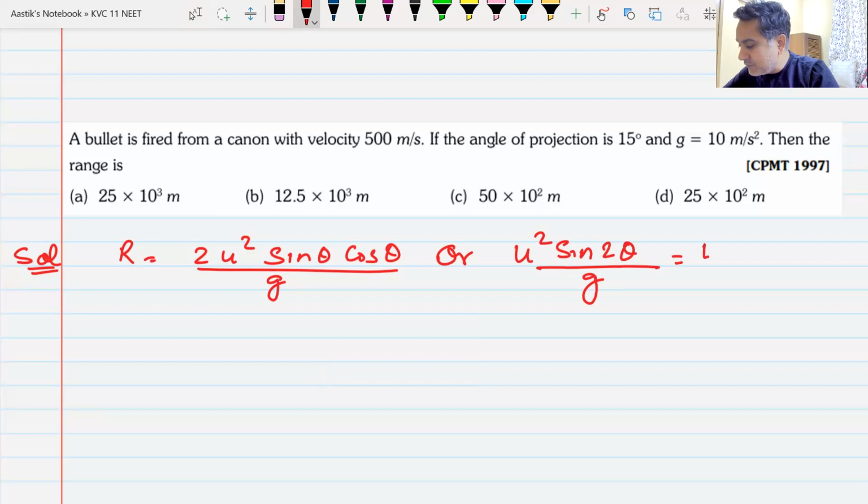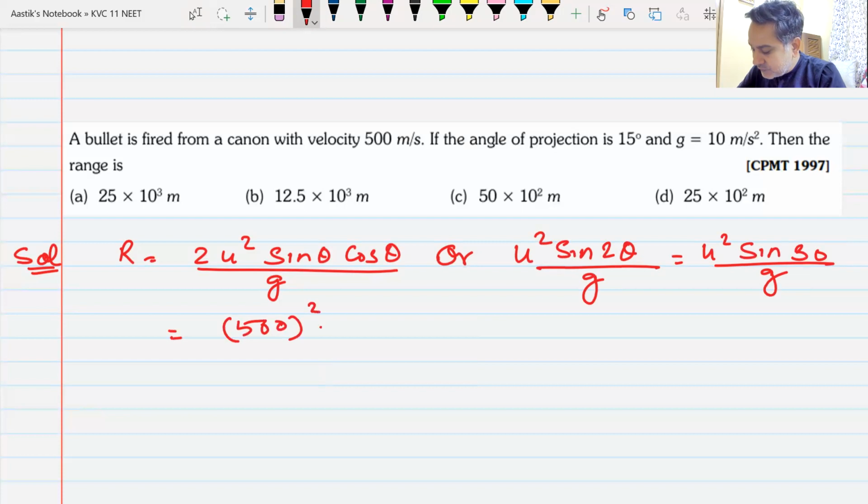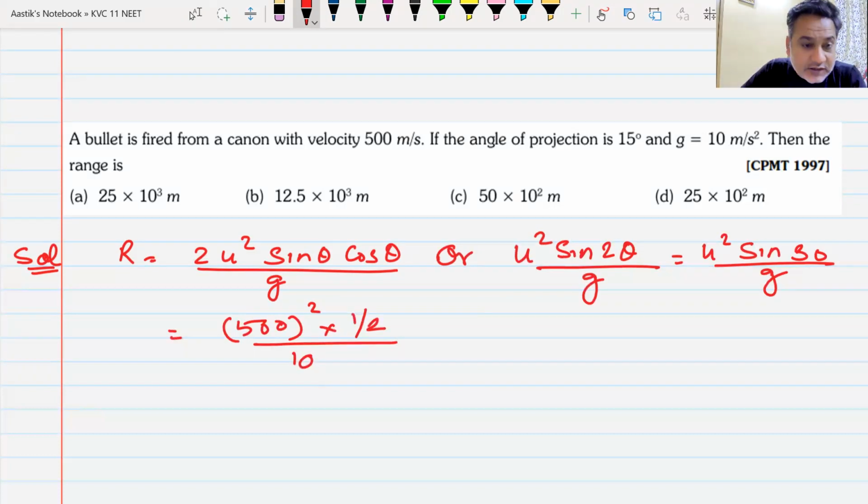So the formula becomes u square sine 30 by g. You can put u as 500, so 500 square, sine 30 is half, divided by g which is 10, and you can get your answer.